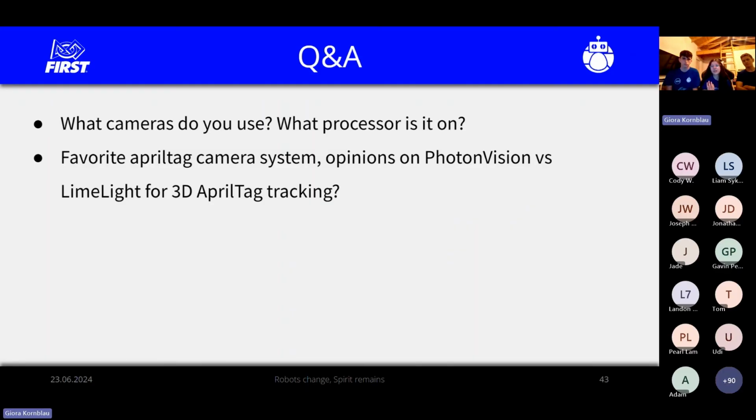But PhotonVision is cheaper, and with PhotonVision you have one coprocessor, you can have two cameras, so they both have their pros and cons. We have both of them. Yeah, but the Limelight software feels a bit more polished, and it's easier for the user to actually use. So we usually prefer that, but we also like the PhotonVision co-processing.